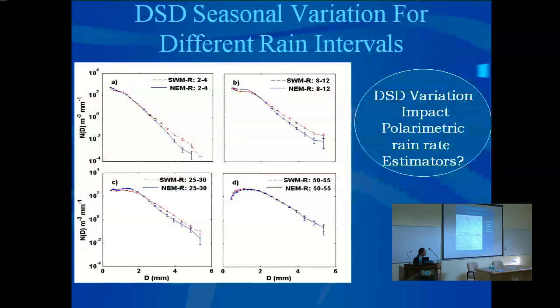As I said, Battan has told that the rain rate which we derive from reflectivity has a high dependency on the drop size distribution. To be more specific, suppose we have two volumes, and the first volume has only 4 bigger drops, and the second box has some 10 smaller drops.